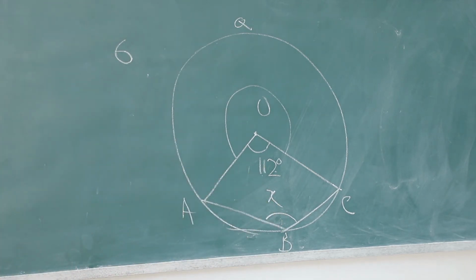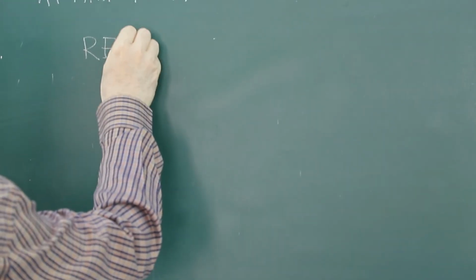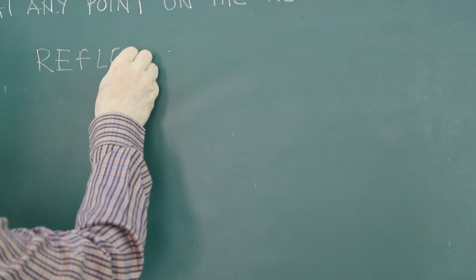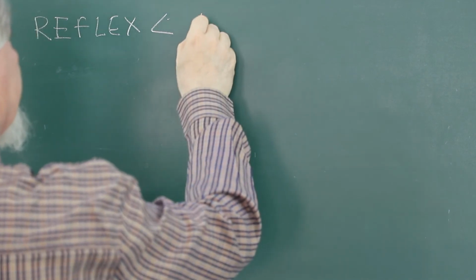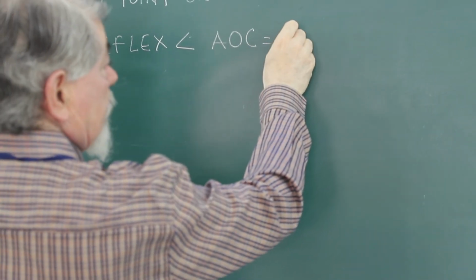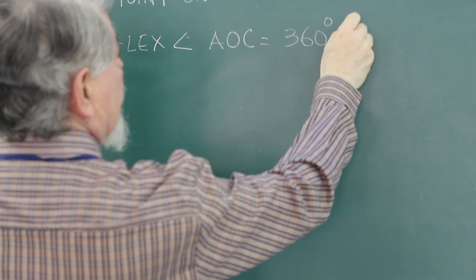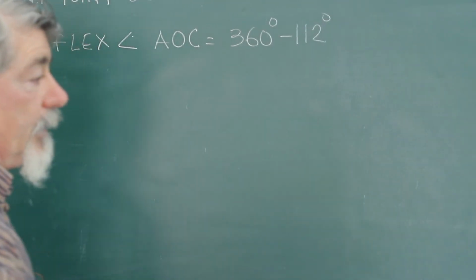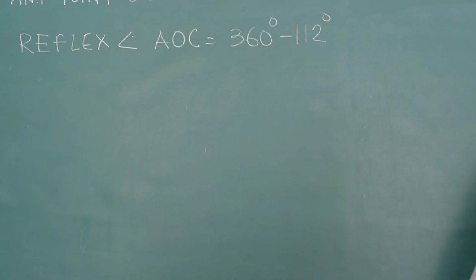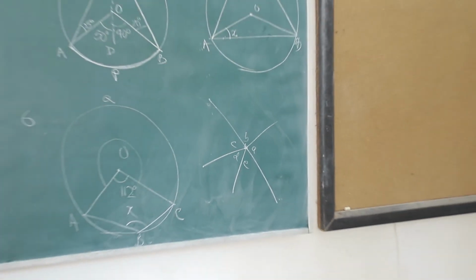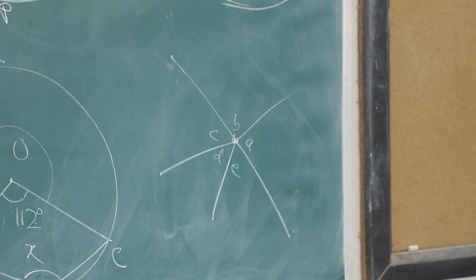So what I will do is I will first calculate reflex angle AOC. That will be 360 minus 112, because the sum of angles around a point, for example, this is a point and many lines are there, so the sum of all these angles A, B, C, D, E around a point will be 360 degrees.